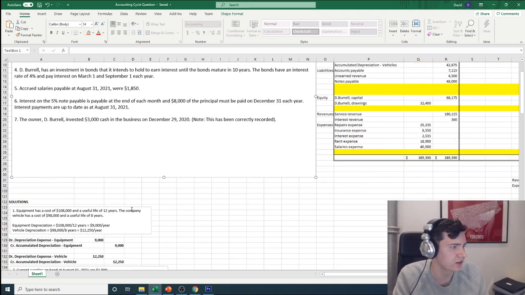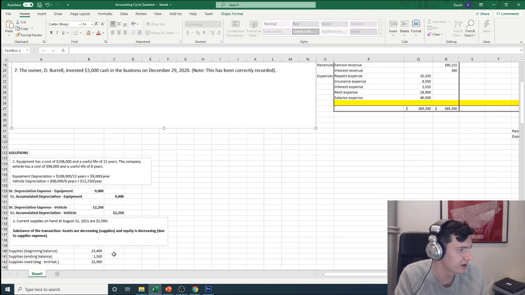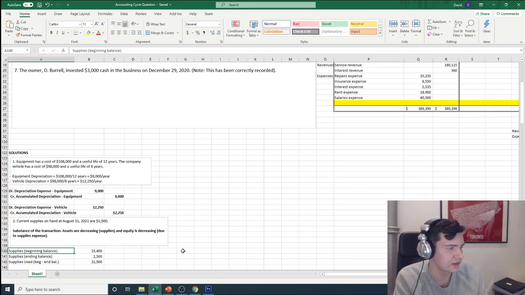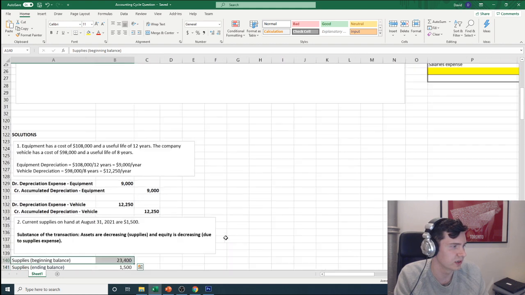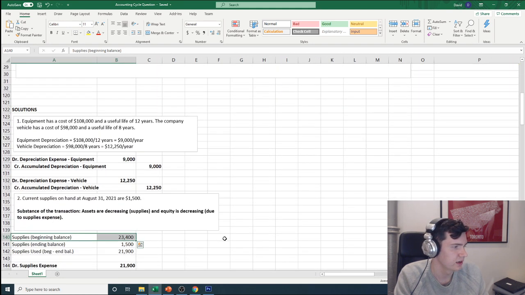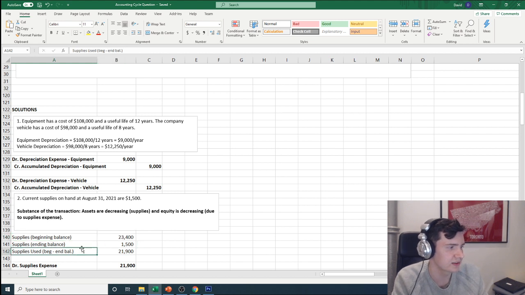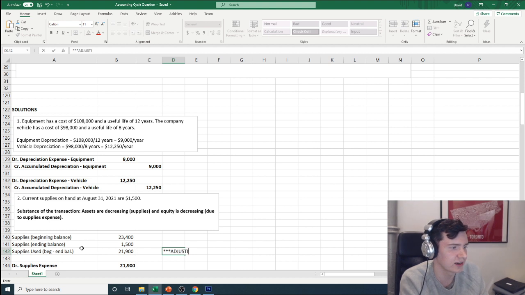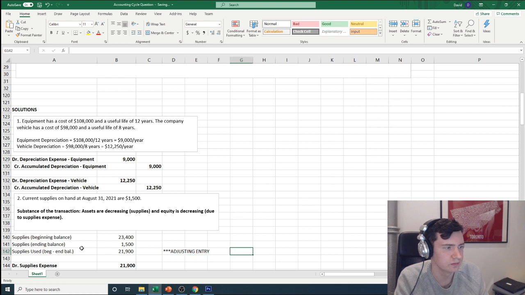So we're going to be taking the beginning balance. Let me just zoom up so you can really see it. Taking the beginning balance and then the ending balance, and then this is the amount of supplies used. So 21,900. This is our adjusting entry, because remember, we're not looking to record an entry like recording supplies.